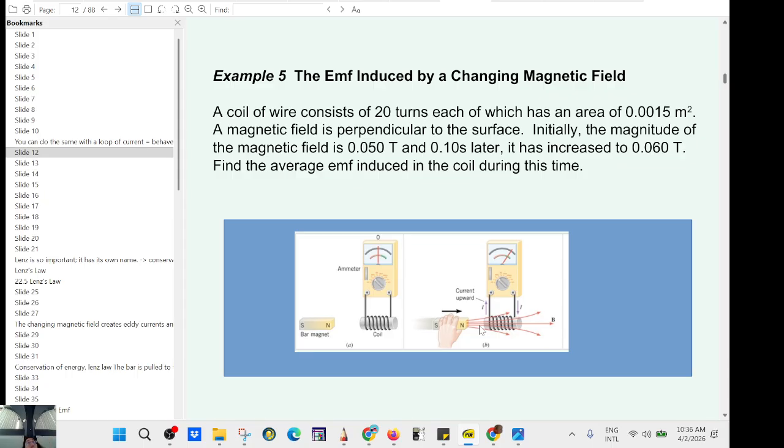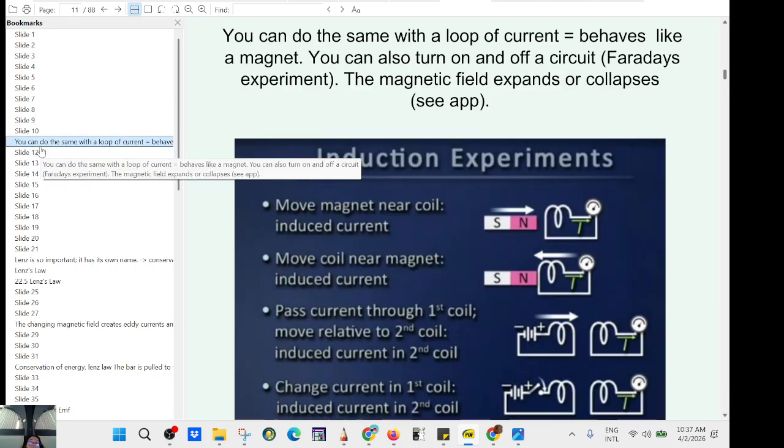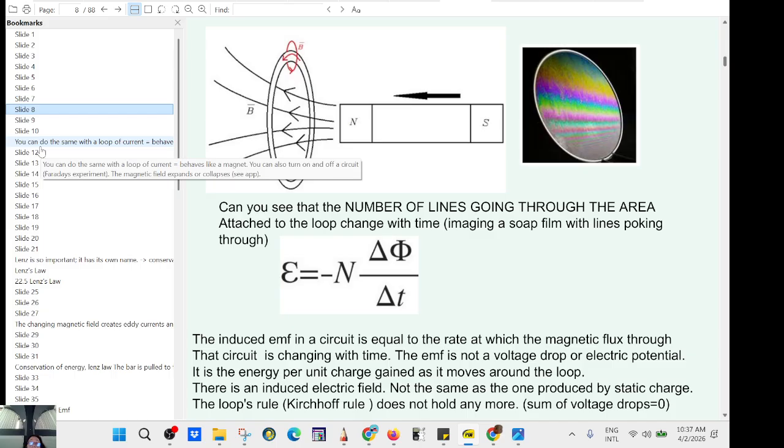If decreasing, it's going to flow in the opposite direction. But when I don't use the negative sign, I'm just focusing on the magnitude, and the negative sign is just to tell you which way it's going to circulate.